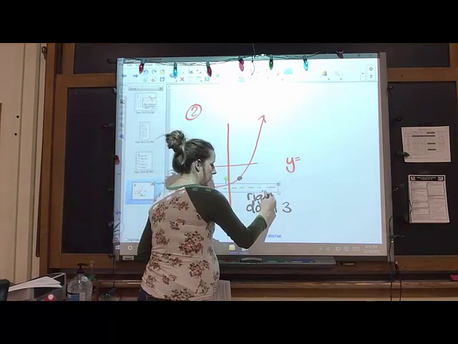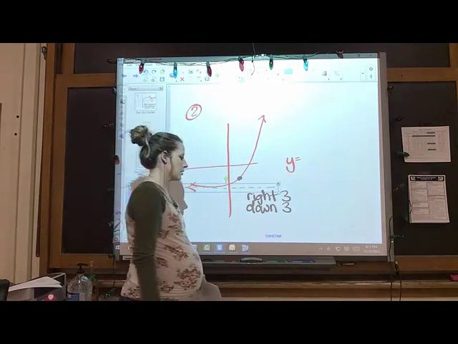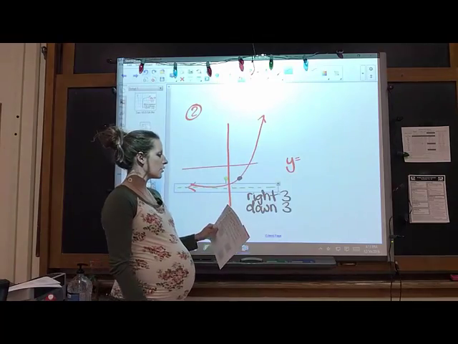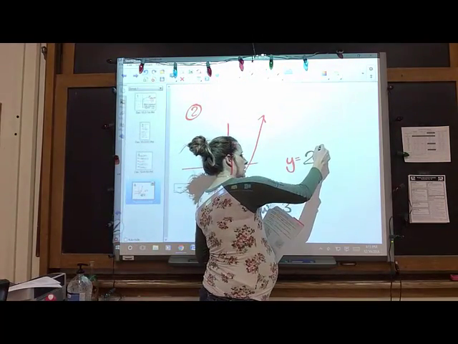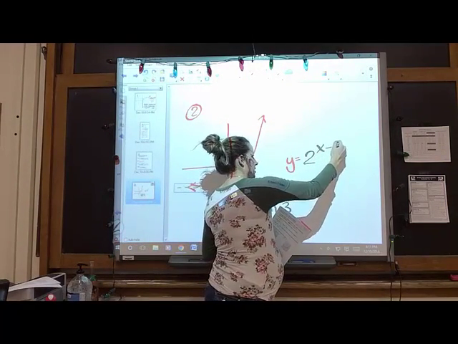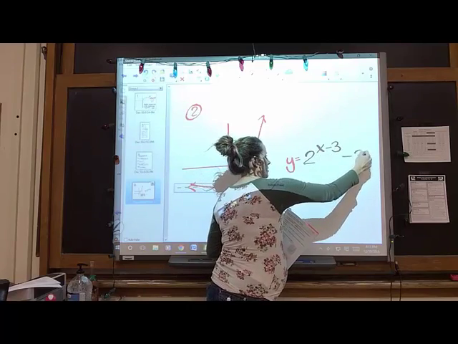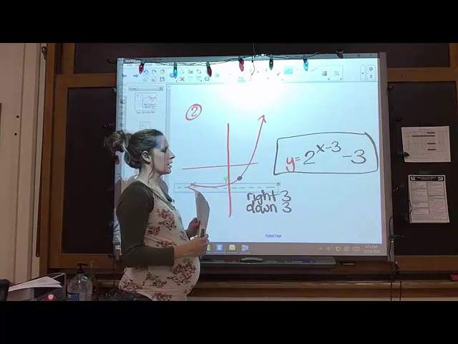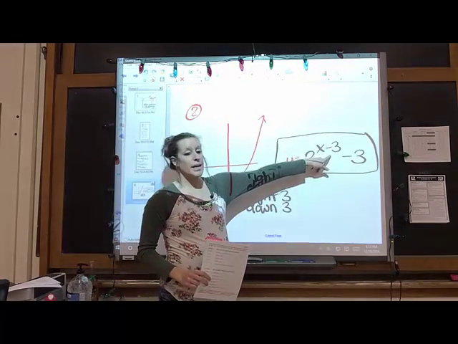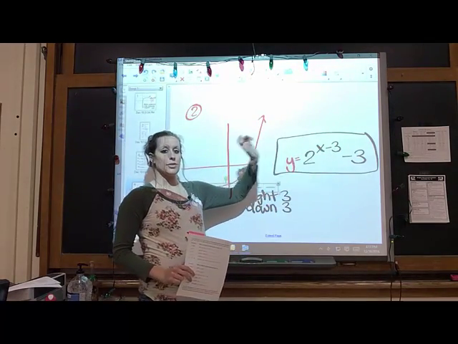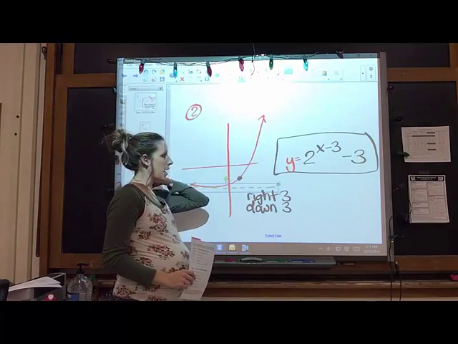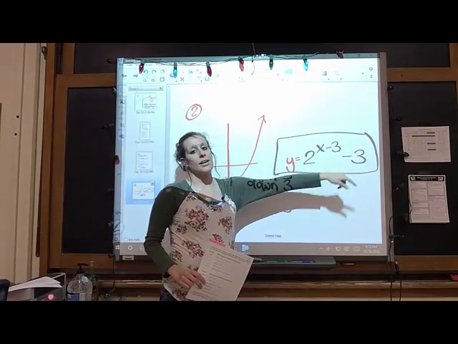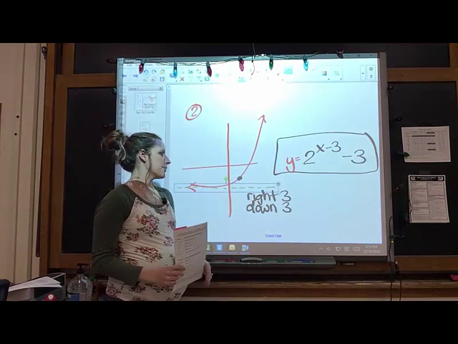So I have down 3 and right 3. So my equation is going to be 2 to the x minus 3 minus 3. Okay. The minus 3 in the exponent tells me it's going to move to the right 3. Minus 3 at the end is telling me it's moving down 3.